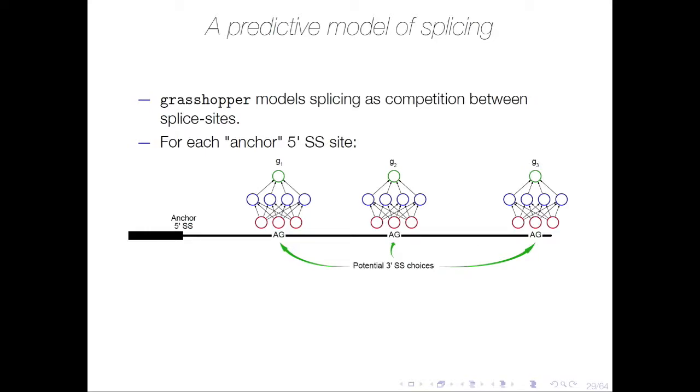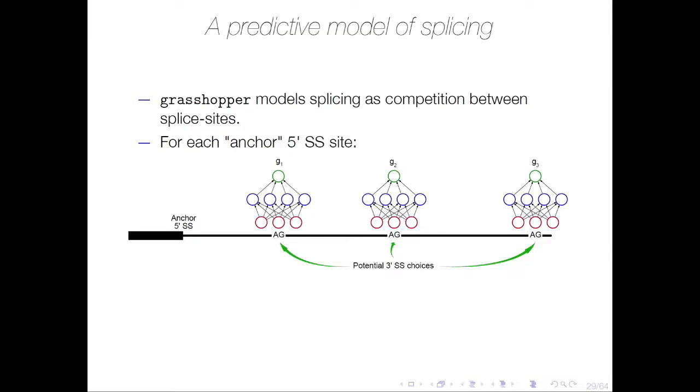What this looks like in cartoon form is, consider a given anchor 5' splice site, and we're going to ask which downstream position is going to get used as the corresponding end of the intron. It turns out that 3' splice sites at the end of the intron almost always, in 99% of cases, correspond to an AG dinucleotide.